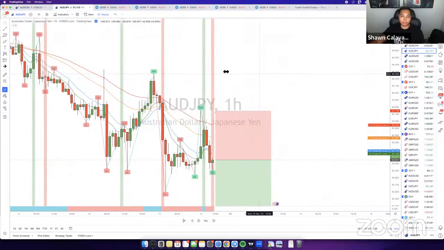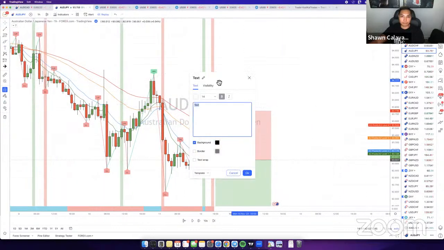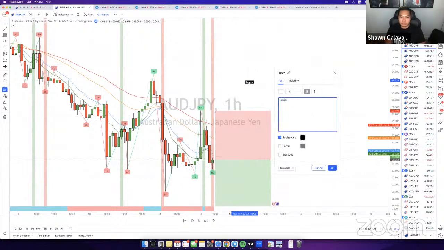So for example, here, things to look for when taking these entries: first thing you want to look for is confluence among both currencies.